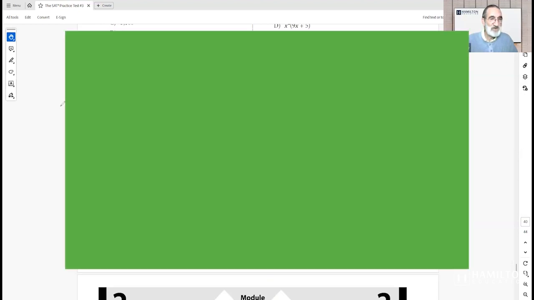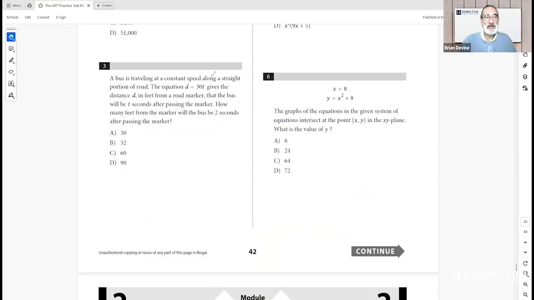C. Question 3. A bus is traveling at a constant speed along a straight portion of a road. The equation D equals 30t gives the distance in feet from a road marker that the bus will be t seconds after passing the marker.